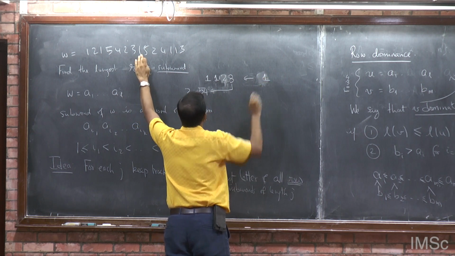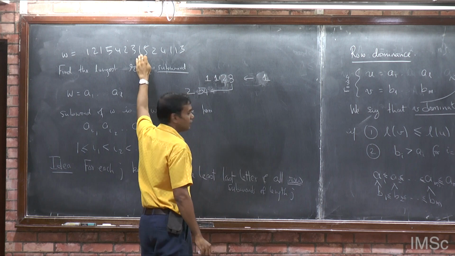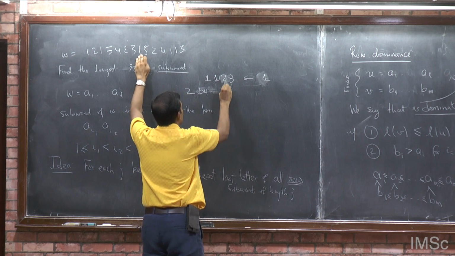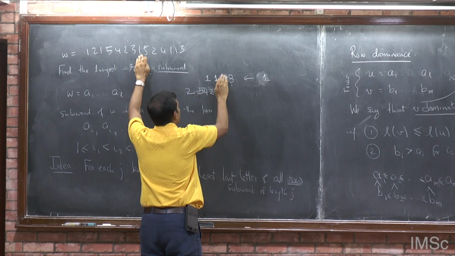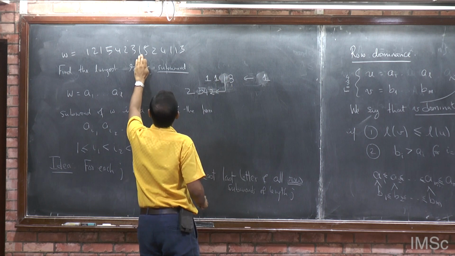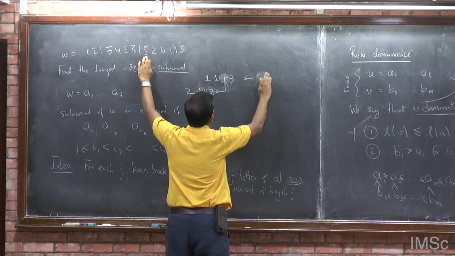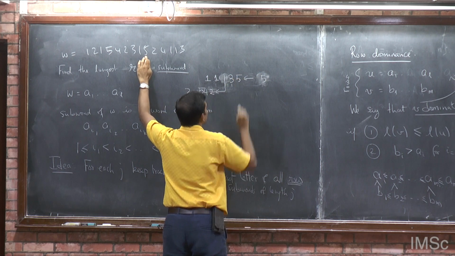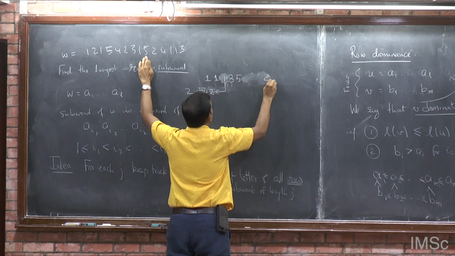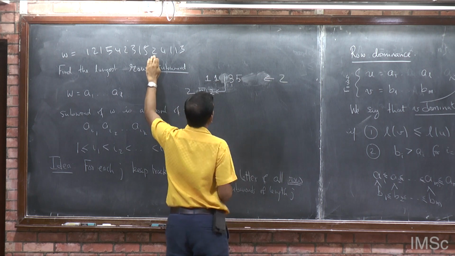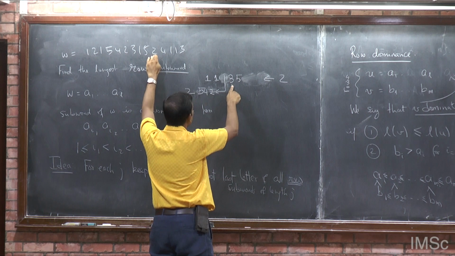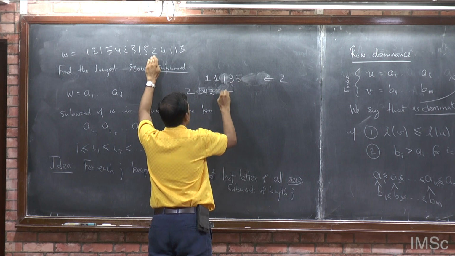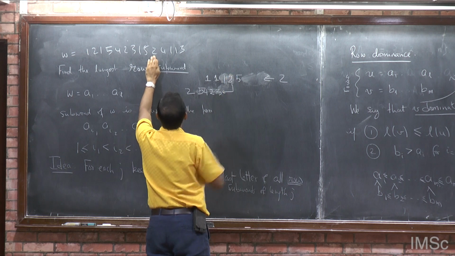Now, what do I do? Whom do I throw out? I throw out the 2, excellent, and I replace it by a 1. Then I have a 5. I do not throw out anybody, I put the 5 here. Then I have a 2. So I throw out the 3, and I put in the 2.